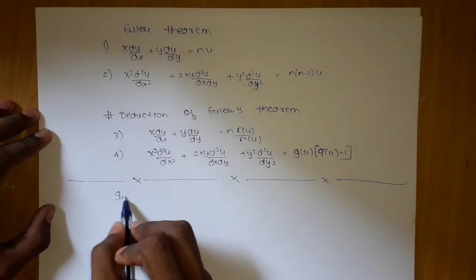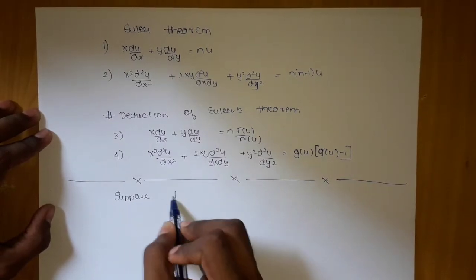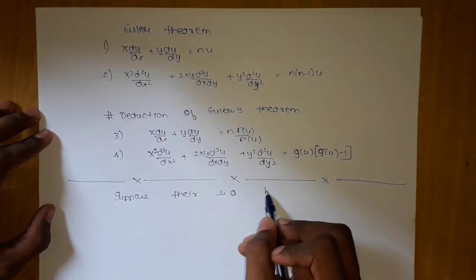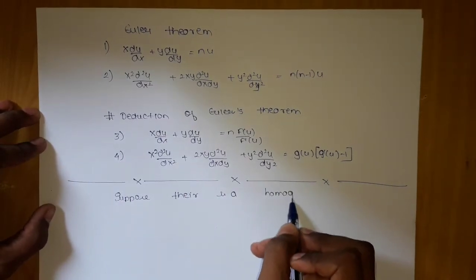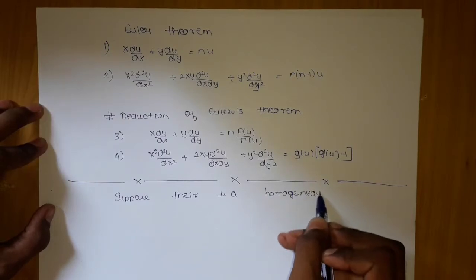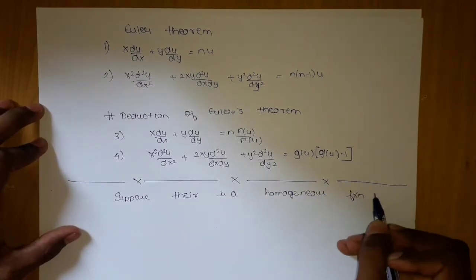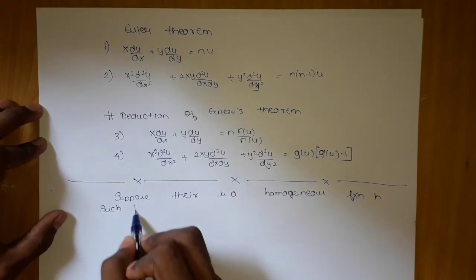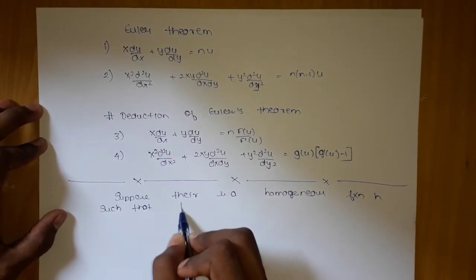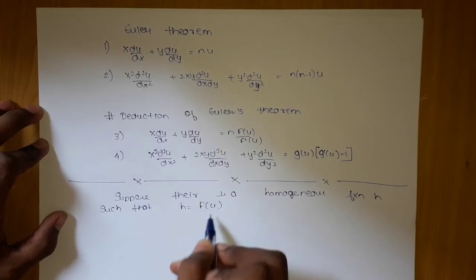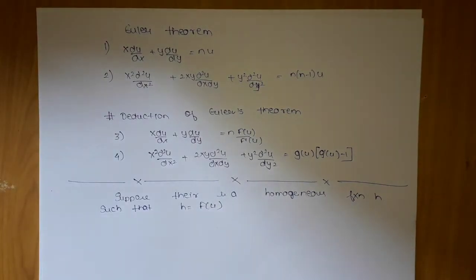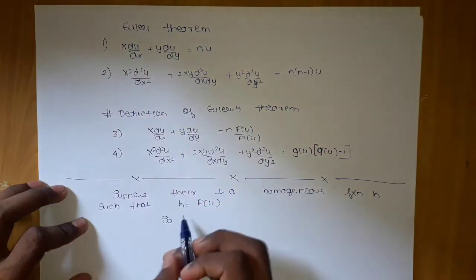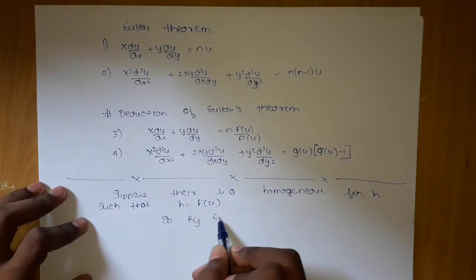Suppose there is a homogeneous function h such that h = f(u). Now since h is homogeneous, I can use the two formulas by Euler's theorem.